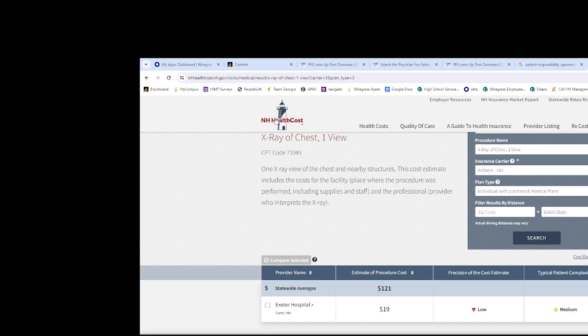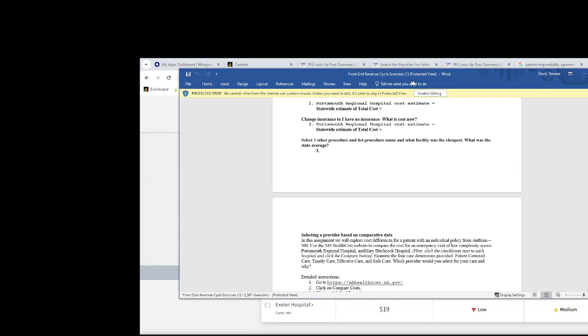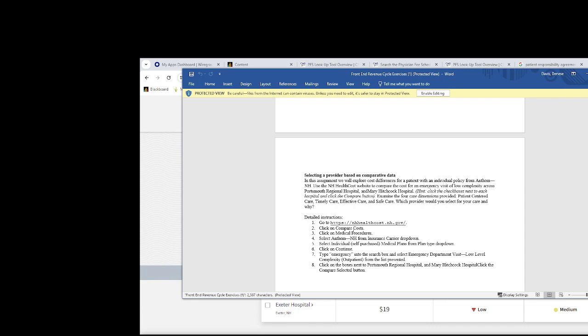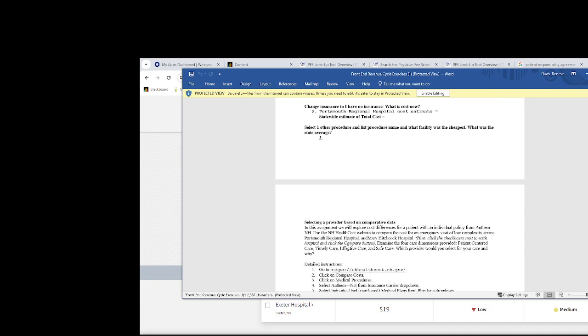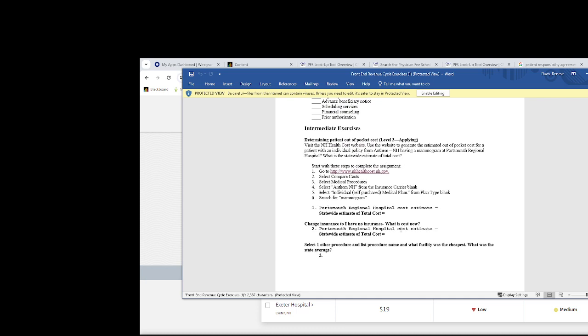So you're just going to play around with this, determining cost, and you just need to make sure that you are following the directions exactly as they are listed on here. Okay.